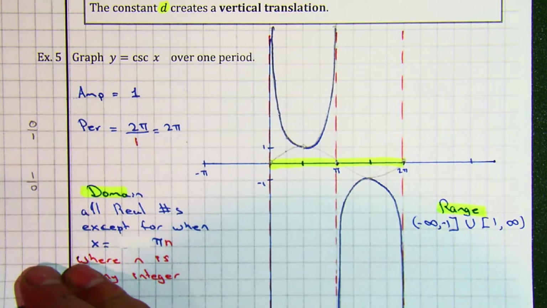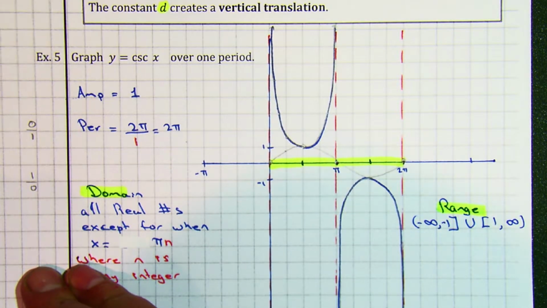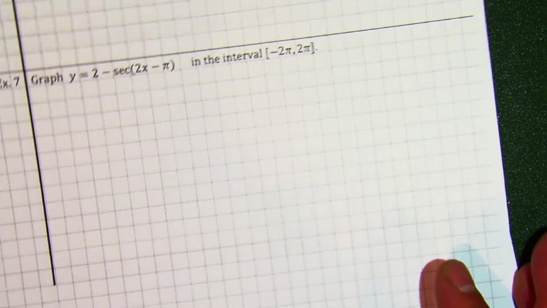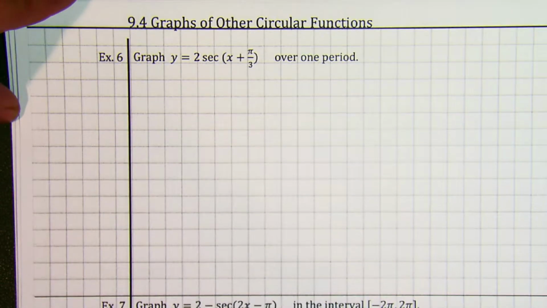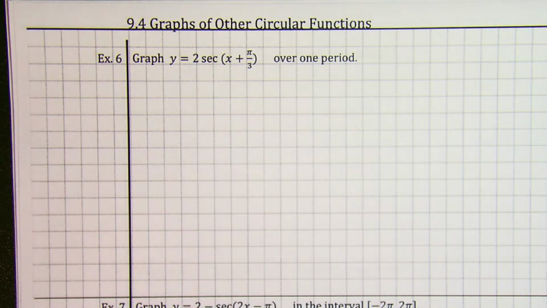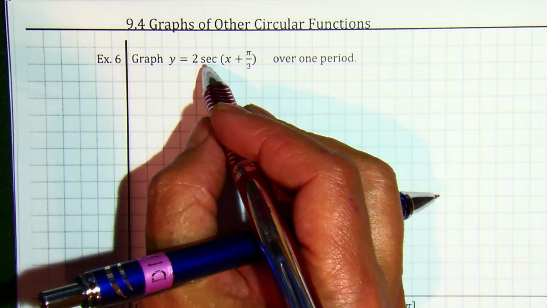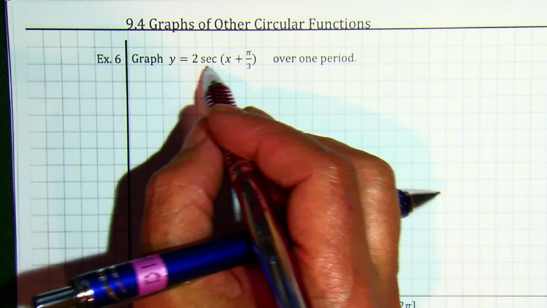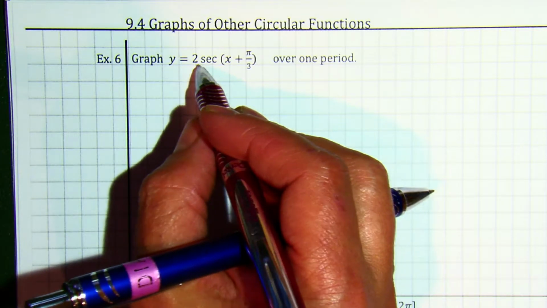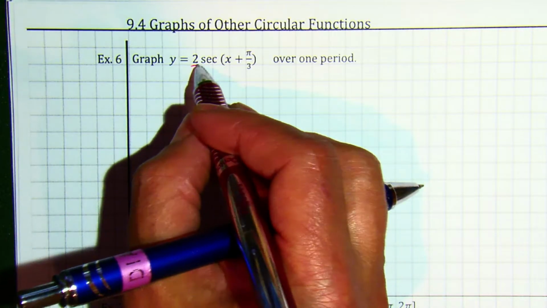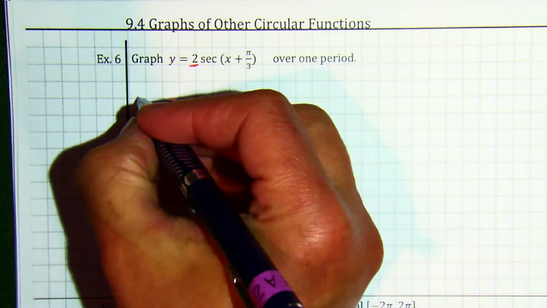Example number 6. Graphing cosecant and secant are very similar to graphing sine and cosine, just a few extra steps. Go and copy it down and we'll graph it together. Go and pause it. So first, secant is the reciprocal of cosine. We're going to start with the 2, which is your amplitude.